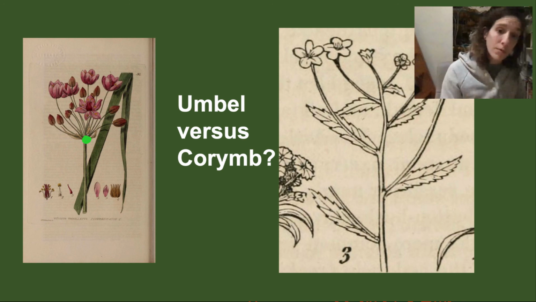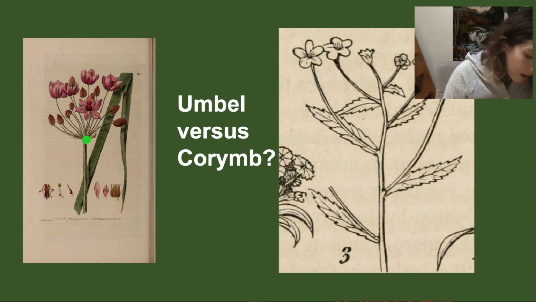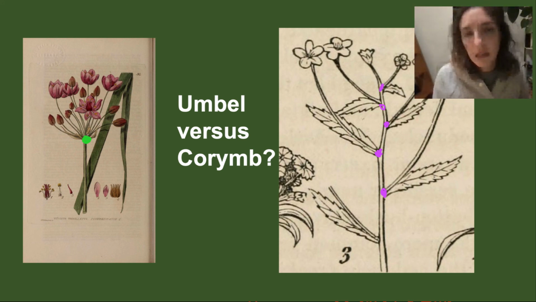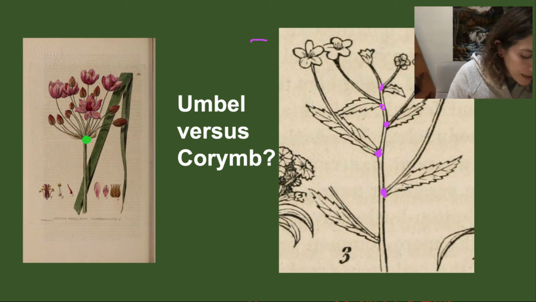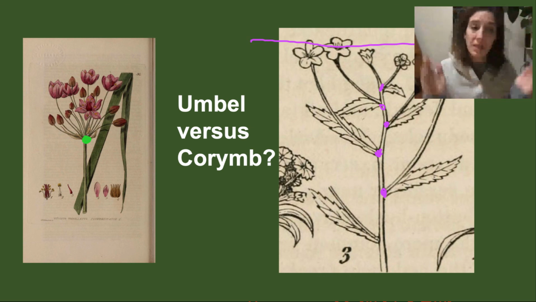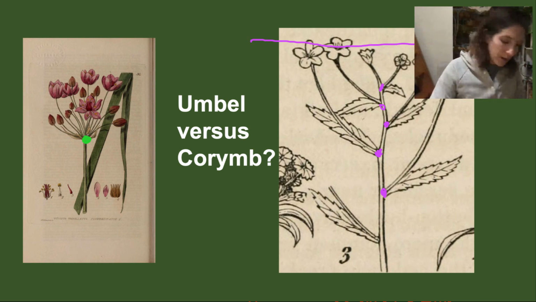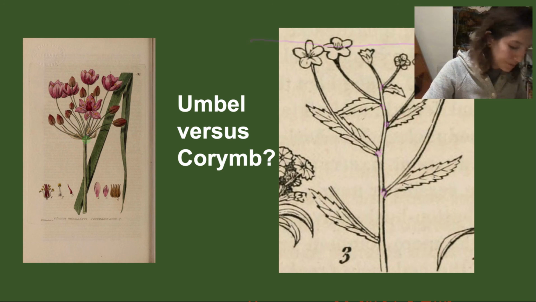In a corymb, which is the picture on the right, we've got all of the flowers attached at different points along an elongate axis. But in a corymb, the flowers all come up to approximately the same height, and they're flat-topped in that way.